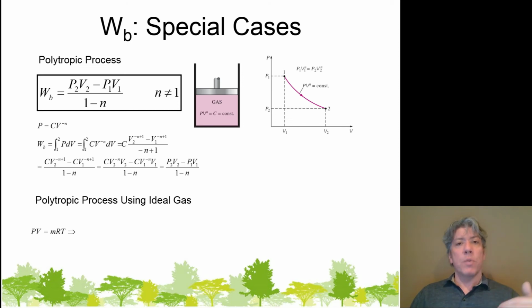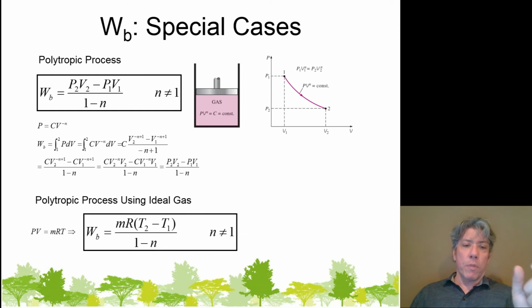But if we had a case where the gas behaved both as polytropic and ideal, then it would also be true that PV is equal to mRT, and we could substitute for PV in that polytropic equation with mRT instead, where P2V2 would just be mRT2, and we'd factor it out once we were done. So this is another good equation to have, but it's not as powerful as the first equation. It's not as general. This second equation here is only good for ideal gases that are also behaving polytropically.